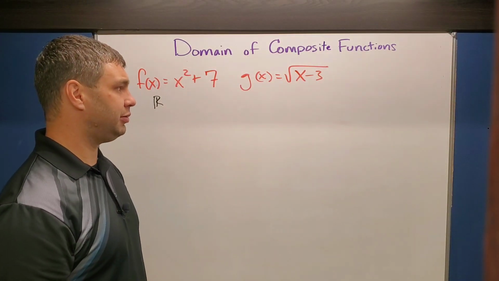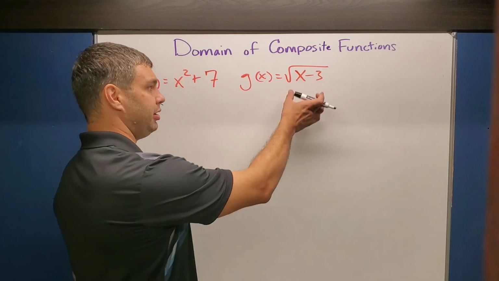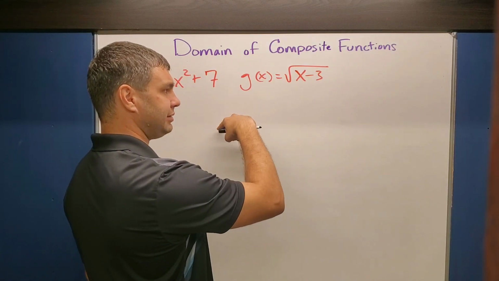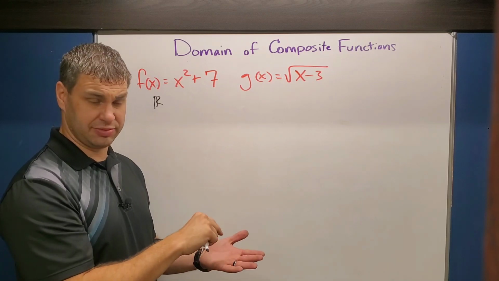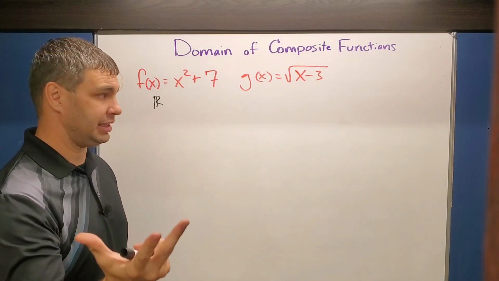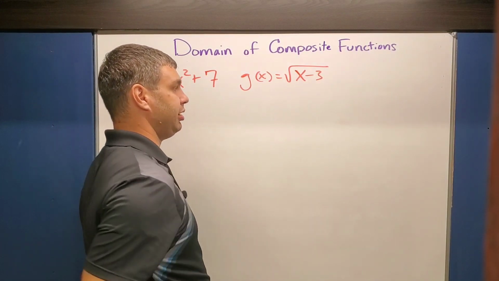However, with the square root of x minus 3, if it's a number that is 3 or less, that's going to give me a negative inside the square root. If you type the square root of something negative in your calculator, it's going to give you an error, and therefore that is not part of our domain.